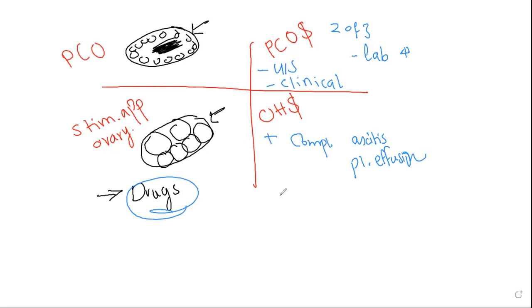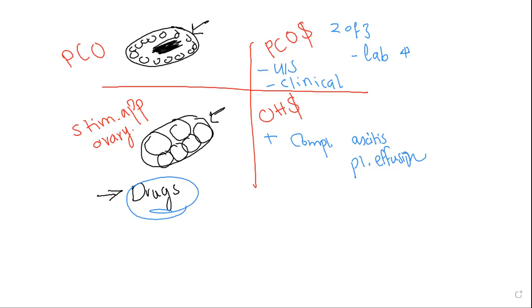And of course, there are people who confuse all these terms together. And whenever they see an enlarged ovary, multiple follicles, well, voila, this is a PCO. Well, no, this is not the case. There are differences here, and we have to differentiate because the management is quite different, and we have to know which is which. All right.